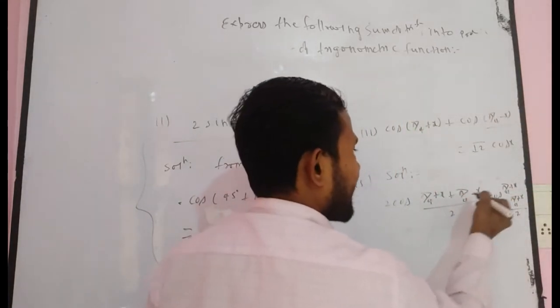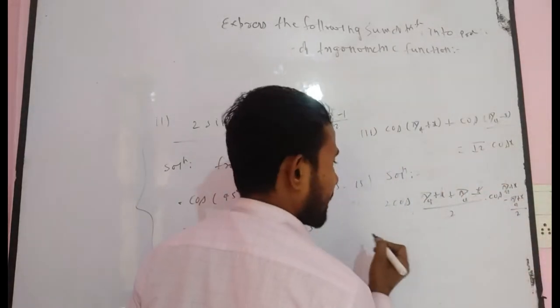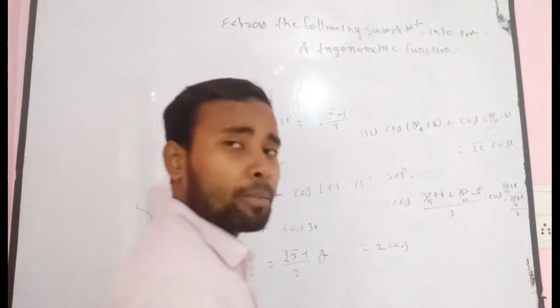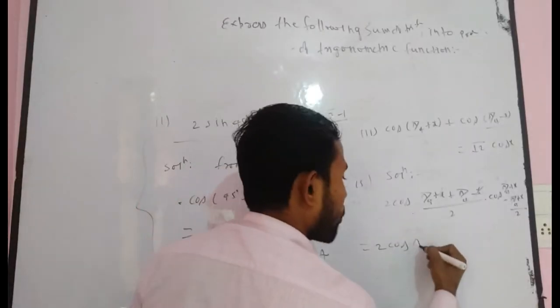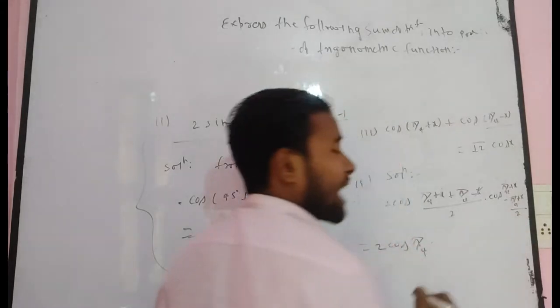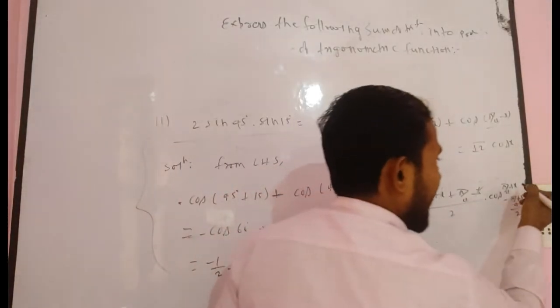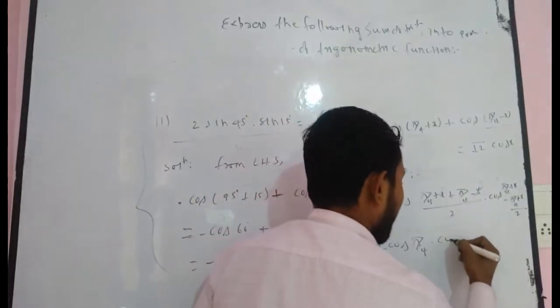If you add it, x will be cancelled in the first term, and in the second pi by 4 will be cancelled. So you get 2 times cos pi by 4, or pi by 4 that means pi by 2, and if you again divide by 2, you get pi by 4 into cos x, since 2x divided by 2 gives x.